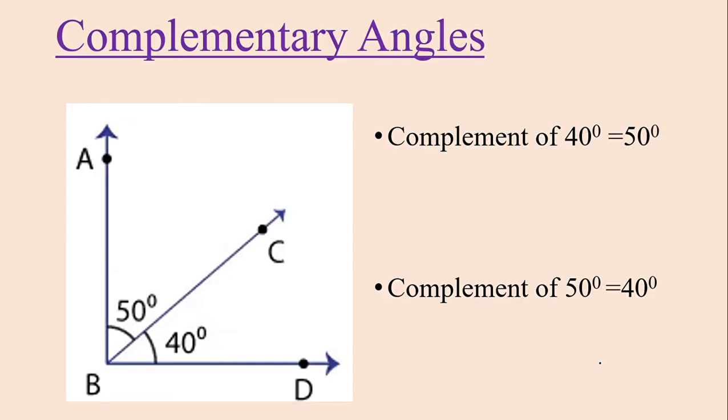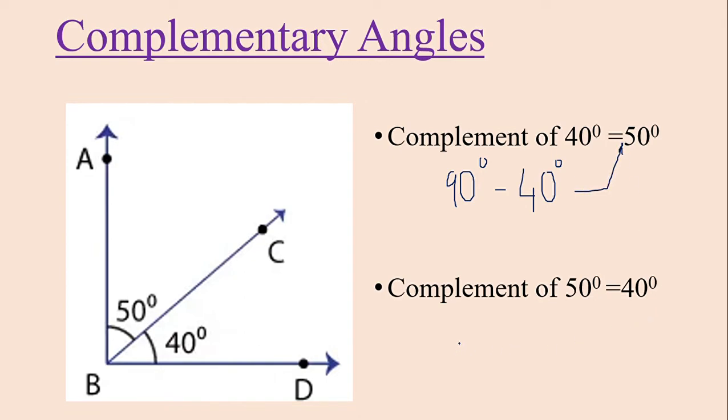Okay, we have the next new thing, students, that is complement. Students, if I hide 40 degree, then you get 50 degree. How? Because we know that complementary angles have a sum of 90 degree. So if I subtract 40 from 90, what do I get? Yes, I get 50 degree, right?